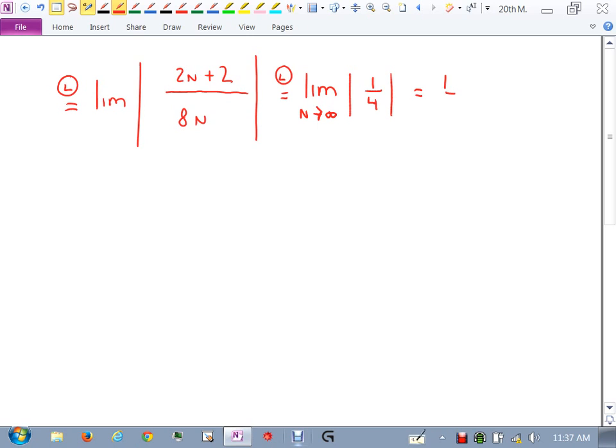That equals 1/4 because n no longer has any bearing on this value. This is just 1/4, and that value is less than 1, which means that series converges. In fact, it converges absolutely, according to the ratio test.